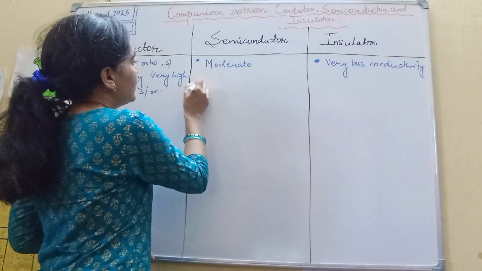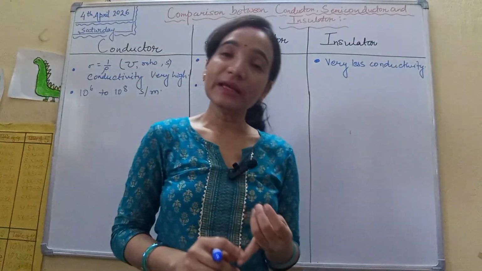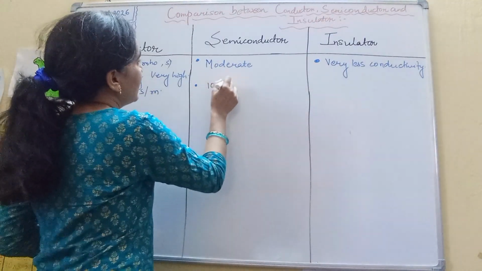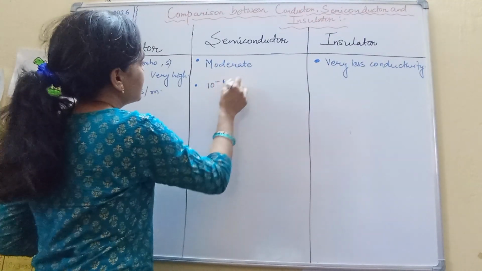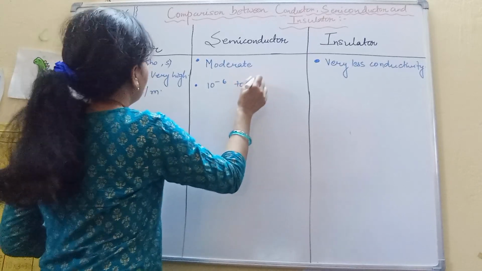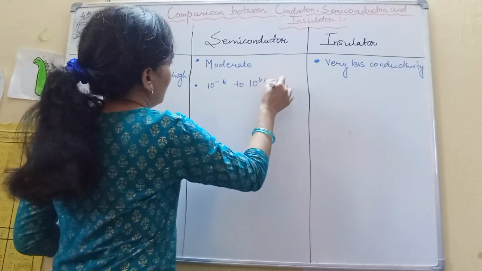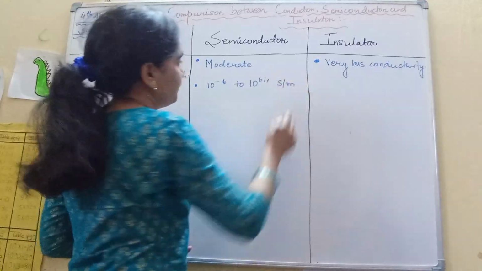Remember, Siemens is the unit for conductivity. And for the semiconductor, the conductivity value lies between 10 to the power of minus 6 to 10 to the power of 4 Siemens per meter.